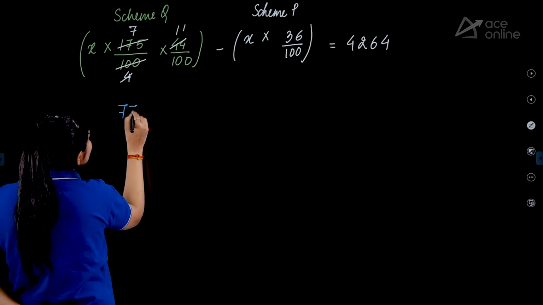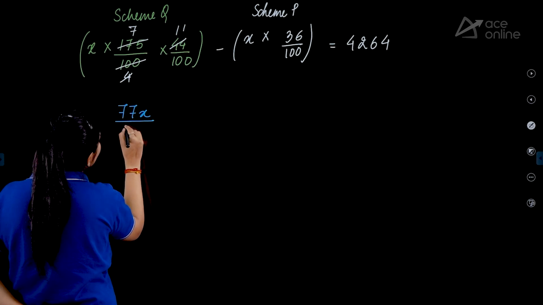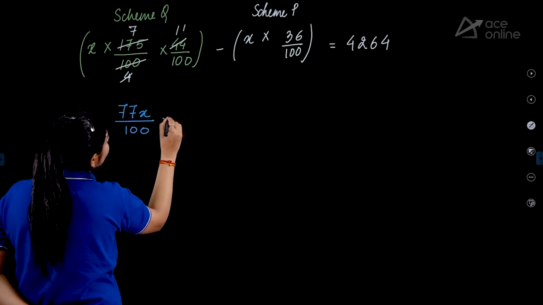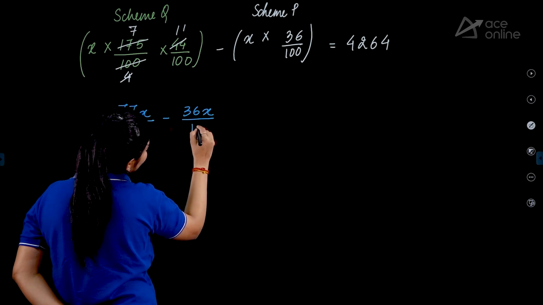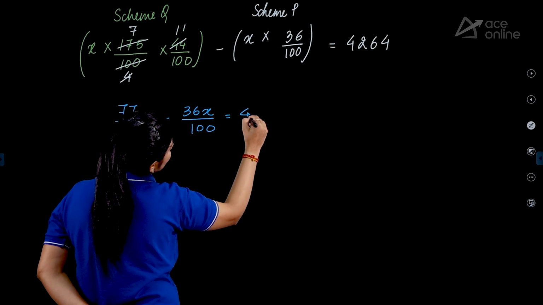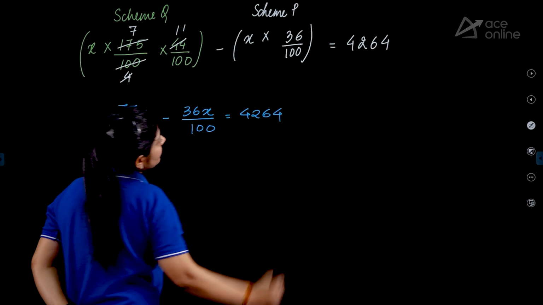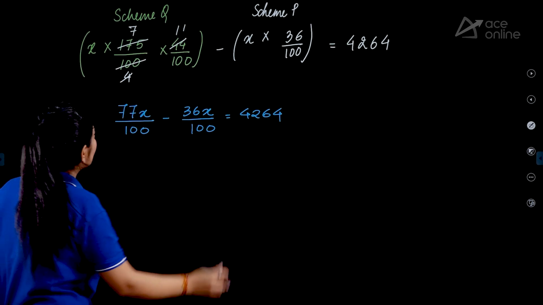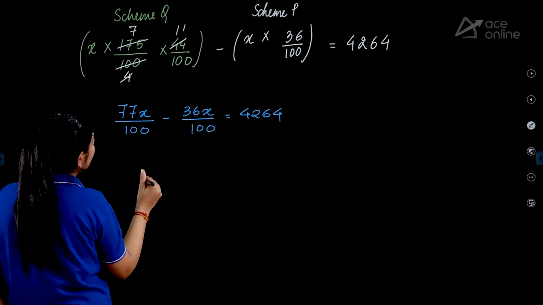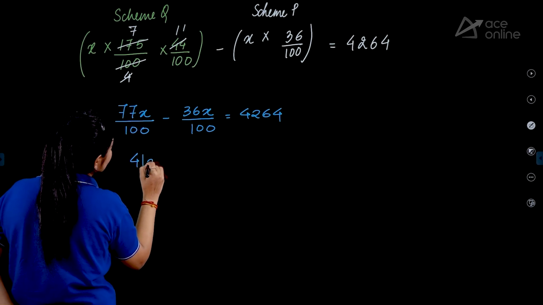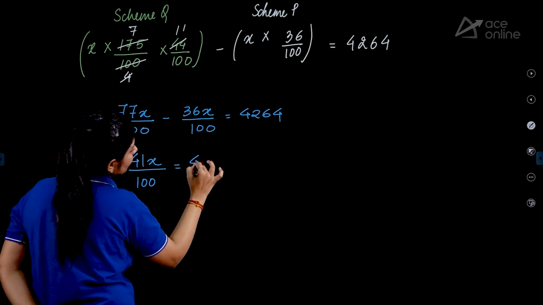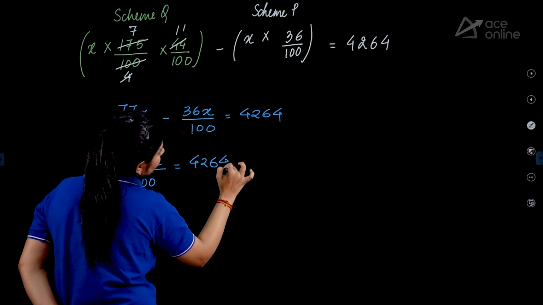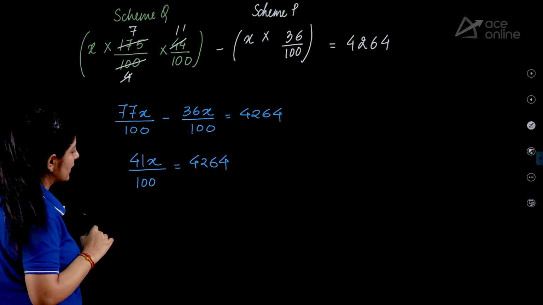So 77x divided by 100 minus 36x divided by 100 is equal to 4264. This is the term that we are getting. Now when we subtract these terms, I am getting 41x divided by 100, and here we have 4264.